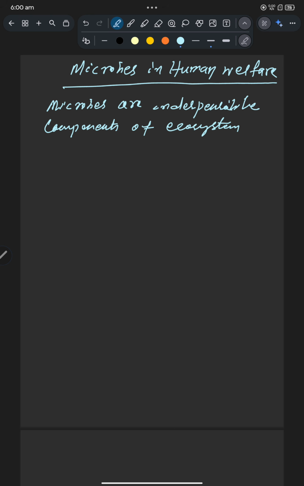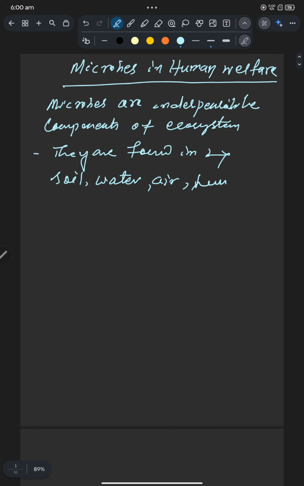And these microbes are found everywhere: in soil, water, air, human body, animal body, plant body. So everywhere they are present.